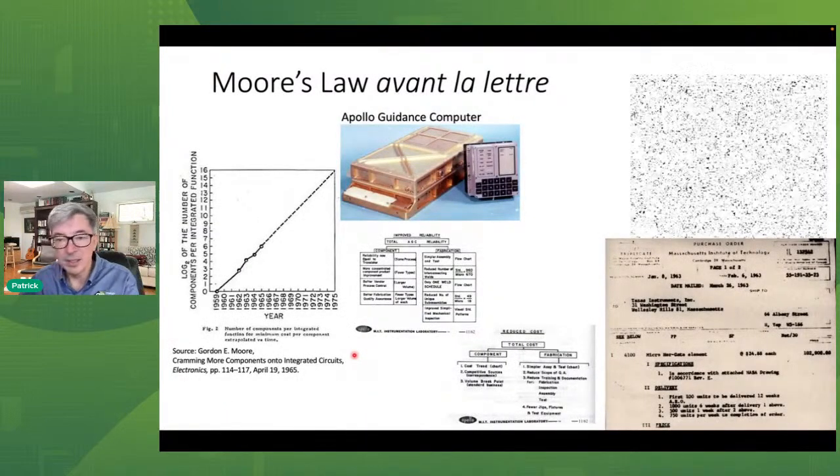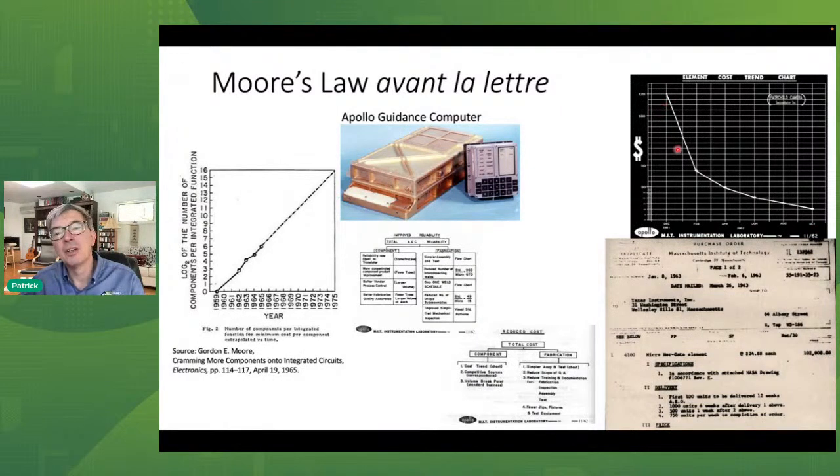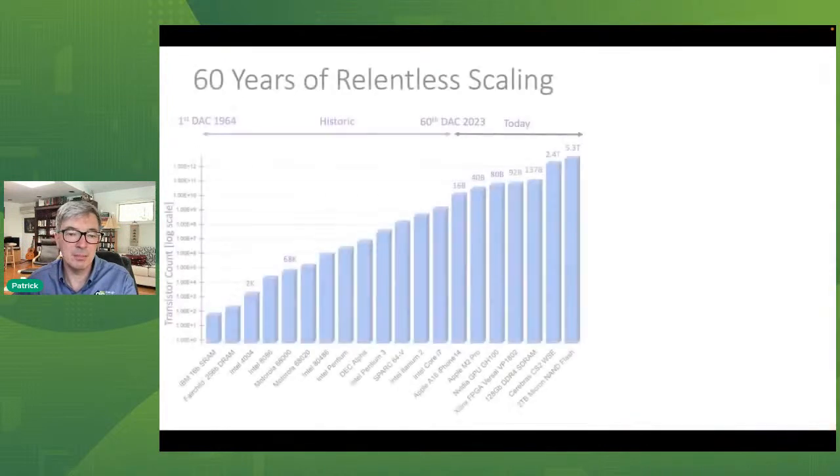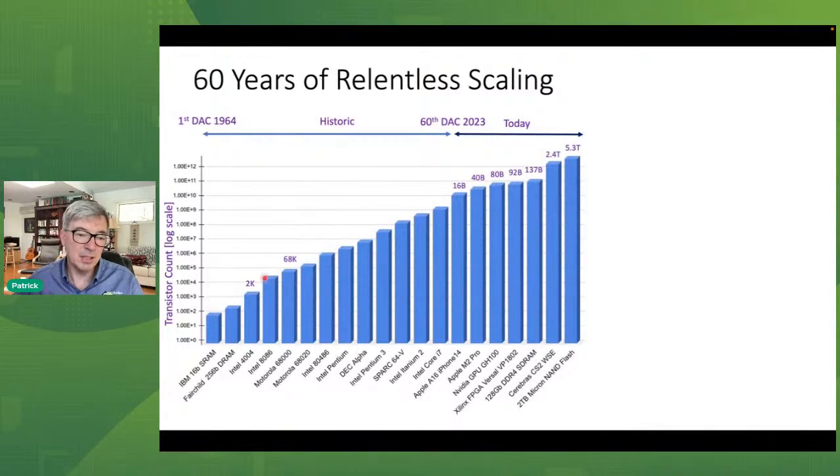And they could already plot graphs like this, a graph from 1962, where they already said, hey, a few months later, that same chip doesn't cost $25, but it only costs $15. And they very quickly figured out that to land on the moon, integration is the way, and it will make great progress.